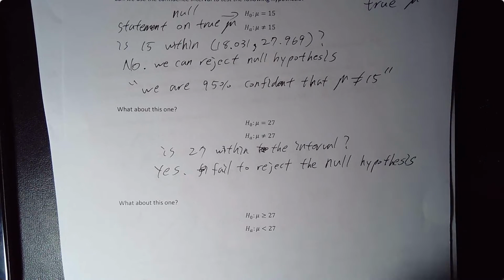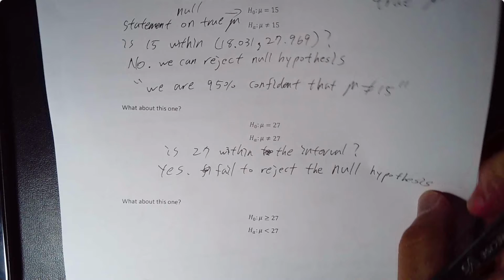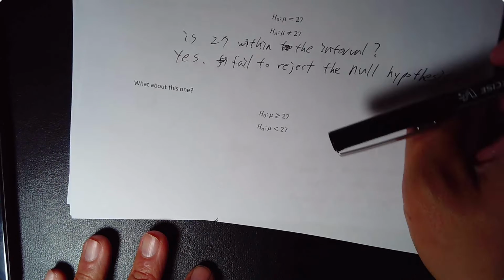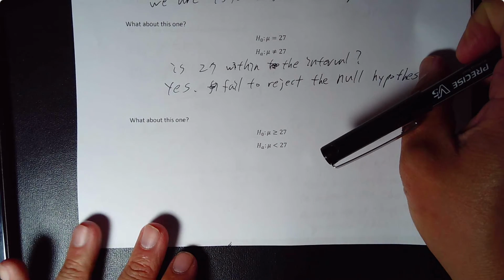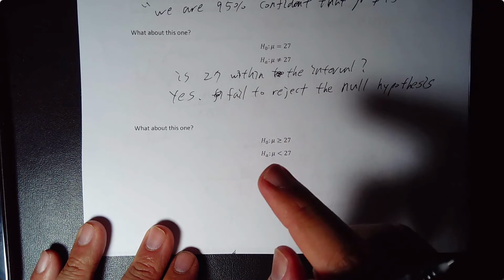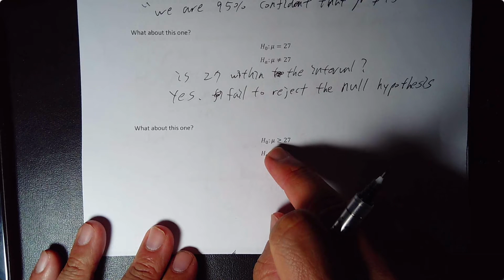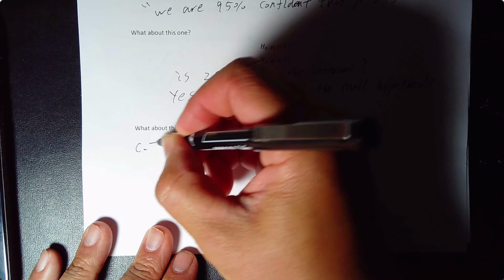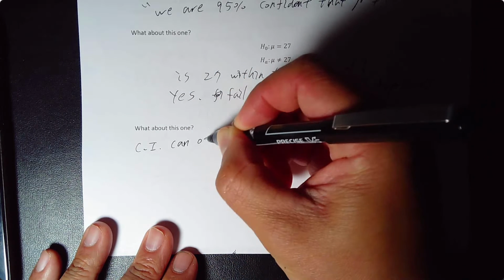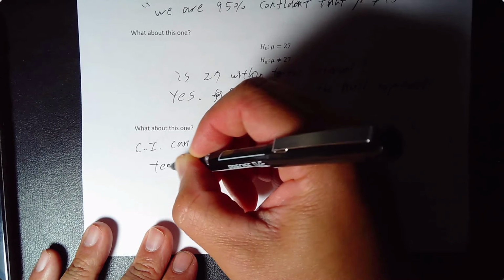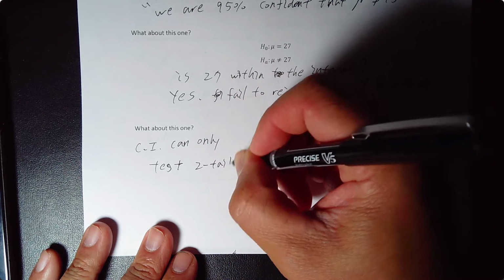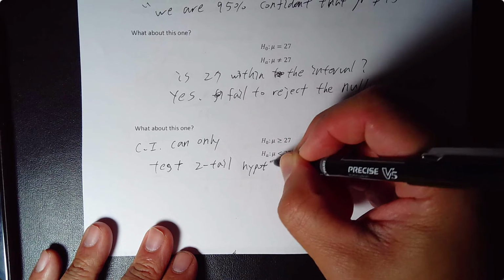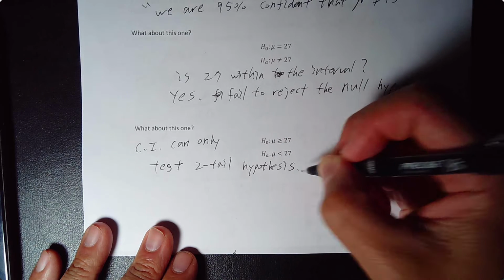Now, we can use a confidence interval to test hypotheses, but not all hypotheses. Long story short, if this is a one-tailed test, then we cannot. A confidence interval can only test a two-tailed hypothesis.